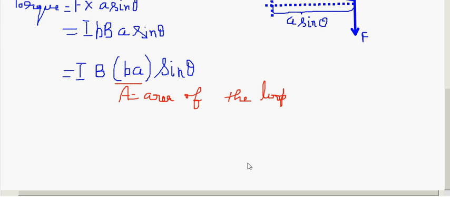Therefore we can write torque is equal to I B A sine theta.